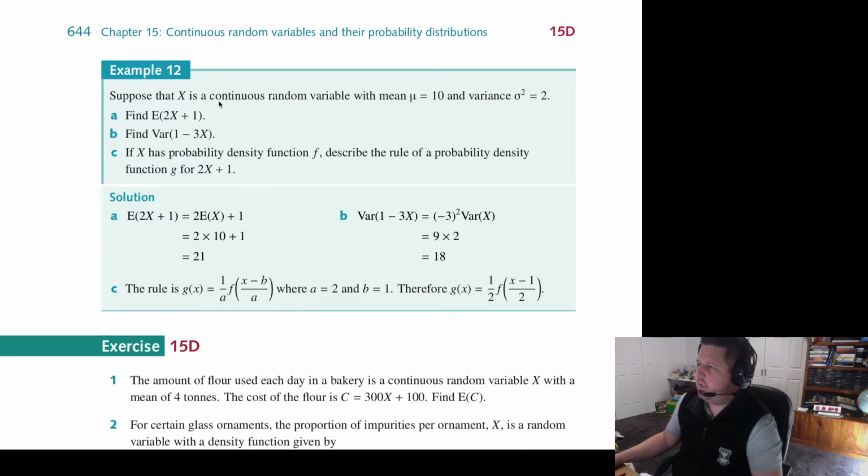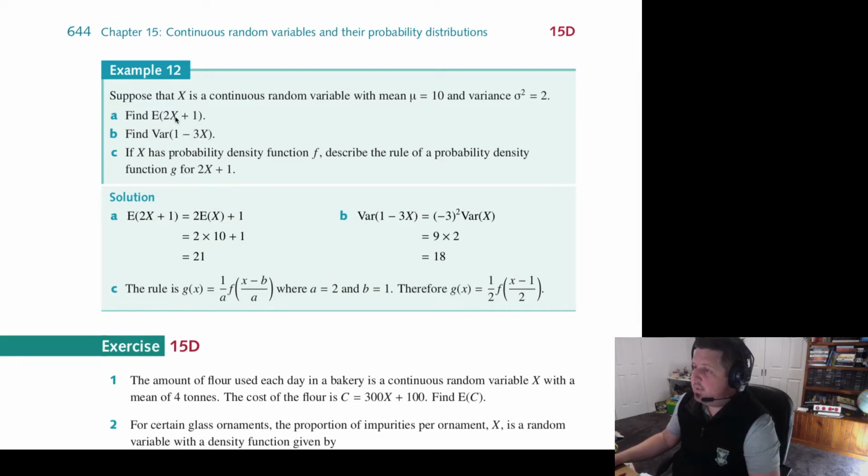Suppose that x is a continuous random variable with a mean mu equal to 10, so that's the mean, and the variance is 2. Find the expected value of 2x plus 1. Hopefully you realize that's a linear function, so we can use the rules that we just spoke about. This is the a value, this here is the b value.